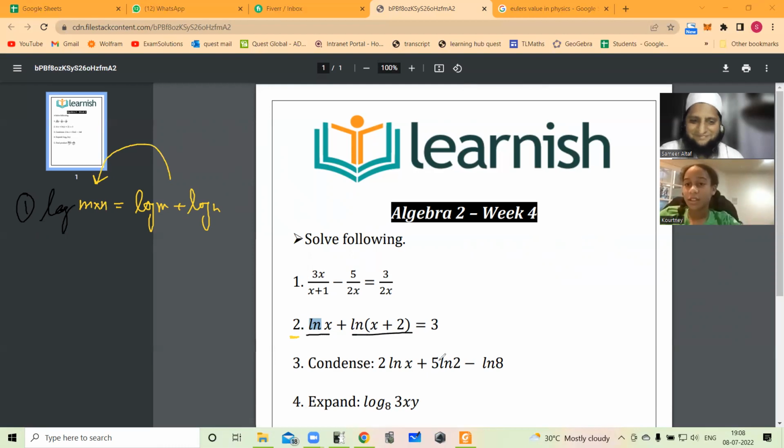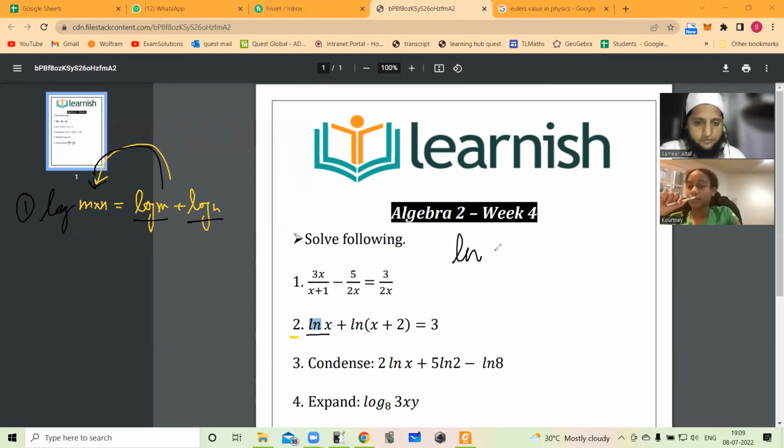So you can write ln, and then you have two things. This is m and this is n. So you multiply those together, because they're in addition. So it's like log m plus log n in the question, then you can write log of m times n.